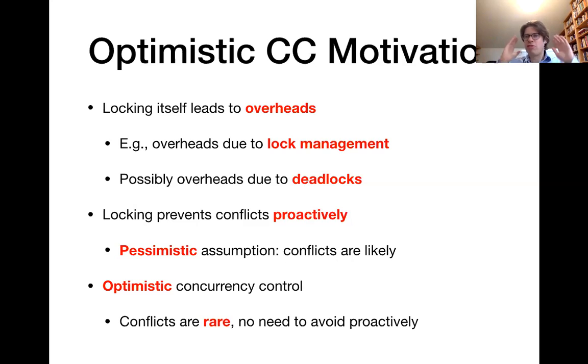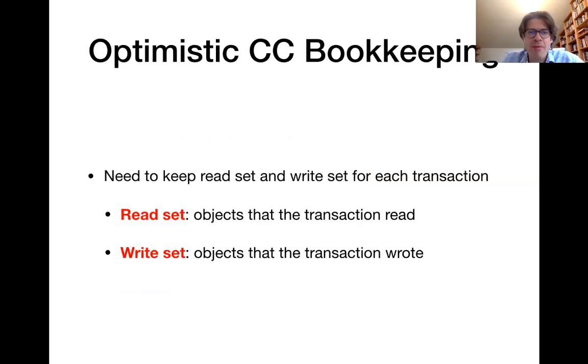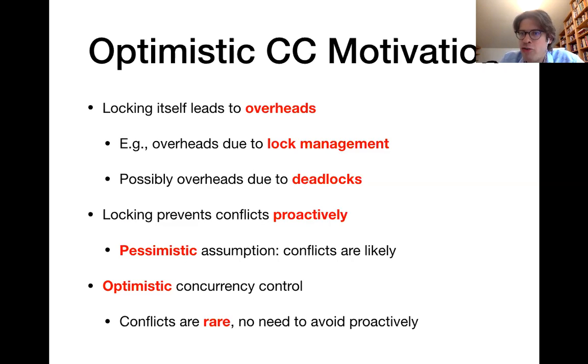So let's just proceed and assume that nothing bad will happen. And then at the very end, we will verify whether our assumption was actually justified. If it was not justified, we have to pay the overhead of, for instance, aborting and restarting the current transaction. So with optimistic concurrency control, we essentially trade locking overheads for potentially higher overheads due to aborts. We will discuss the pros and cons in a little bit.